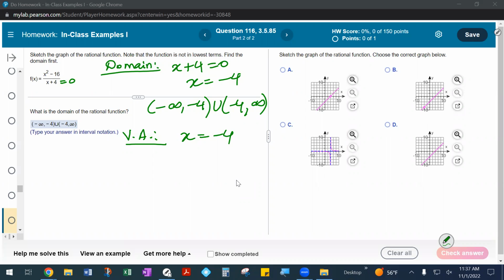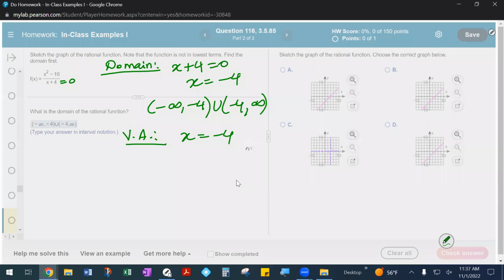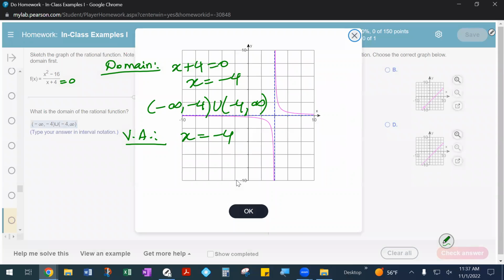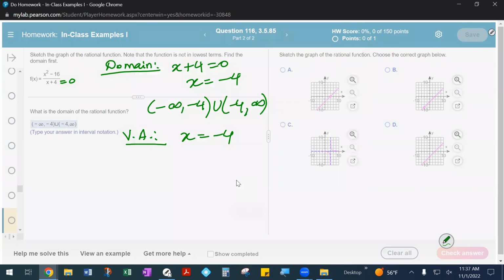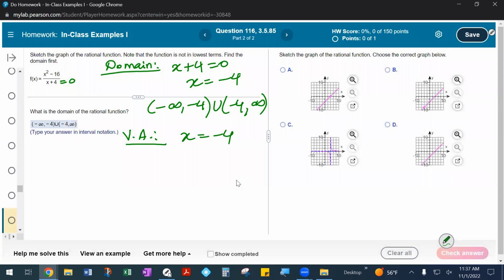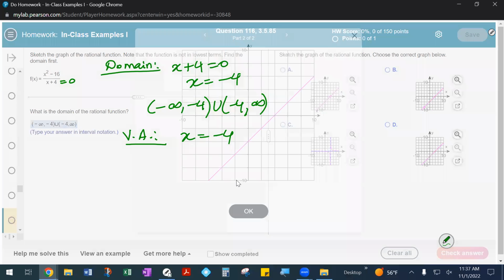So automatically it's going to eliminate some of the functions here for us. Let's make this larger. Where is that vertical asymptote being shown? Positive 4. It's being shown at positive 4. So you can already see C is going to be out of our options here.